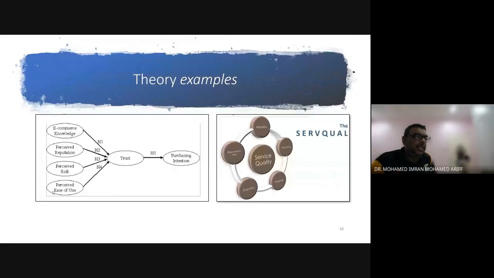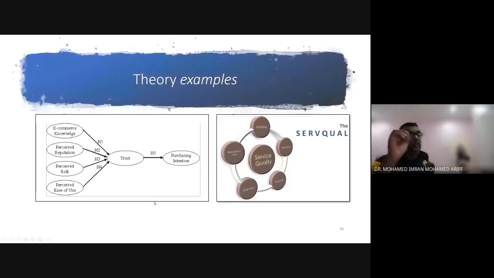These are examples yang saya minta Dr. Irwan tunjukkan pada saya yang dalam building survey, dalam biasa-biasa digunakan lah. Okay, so this is one on the left hand side is purchasing intent. Okay, bila seseorang itu nak beli something over the internet, you need trust and purchasing intent. And this is also service quality, how you determine service quality on a particular building.